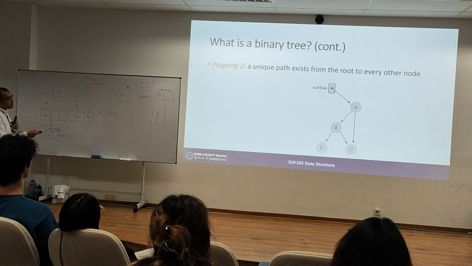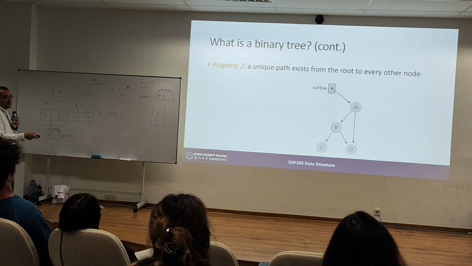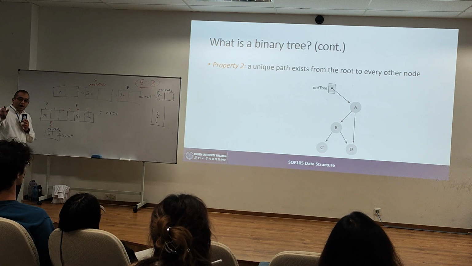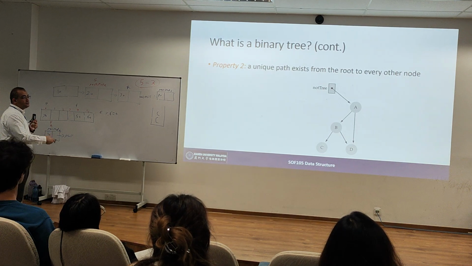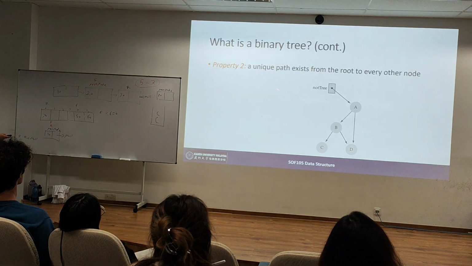But does this satisfy property 2? I look here. I can go from A to D directly, or I can go A to B to D. So I have 2 paths leading me to D, correct? Is this unique or not? Not unique anymore. So this tree now violates the rule that a unique path exists from the root to every other node.